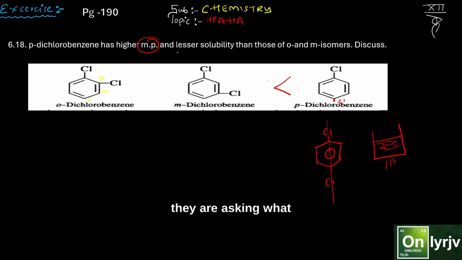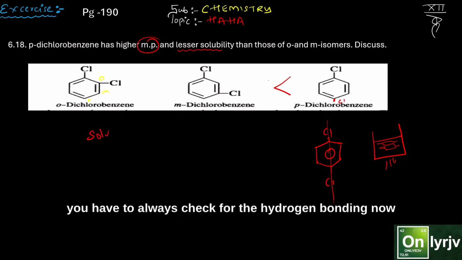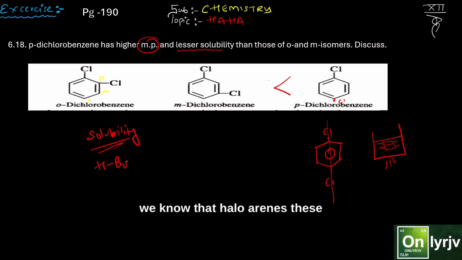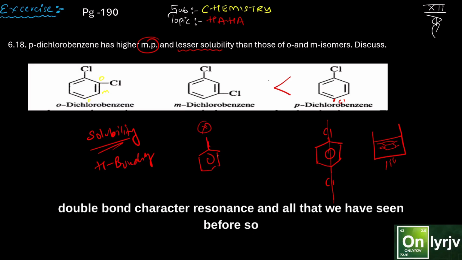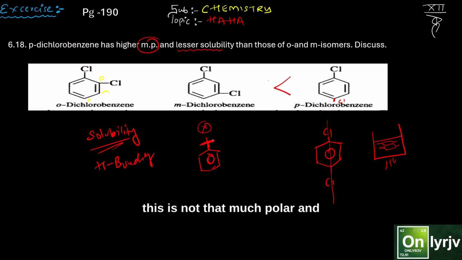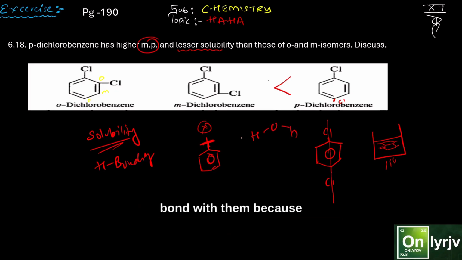Next, they are asking what about their solubility? Why is solubility less? Remember, for solubility, you have to always check for the hydrogen bonding. Now we know that in haloarenes, the bond with the halogen is not that much polar because of partial double bond character, resonance, and all that we have seen before. So this is not that much polar, and because of that, they are not able to make a proper hydrogen bond with water.